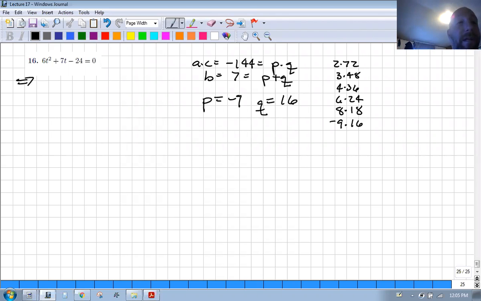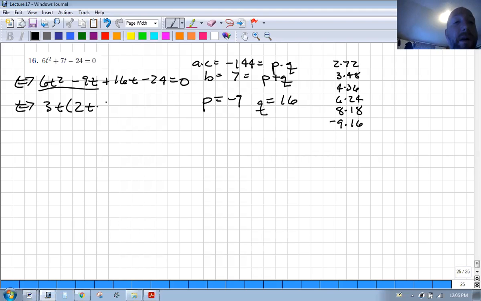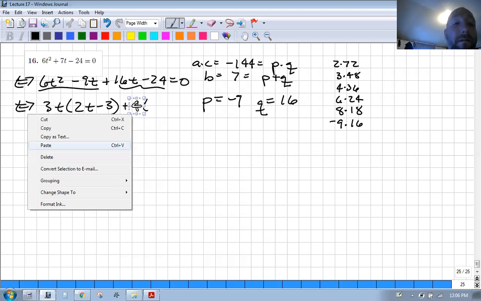So we'll rewrite 7t as negative 9t plus 16t. We can factor a 3t out of here and here. So that gives us 2t minus 3. Over here, we'll factor out an 8.